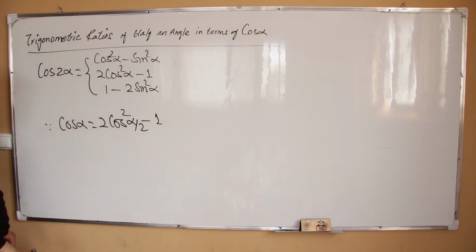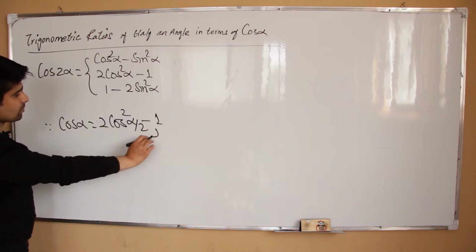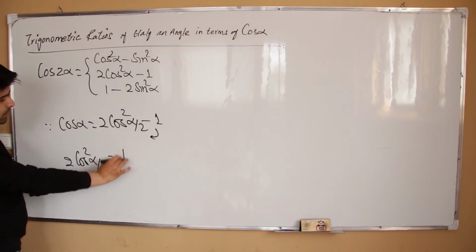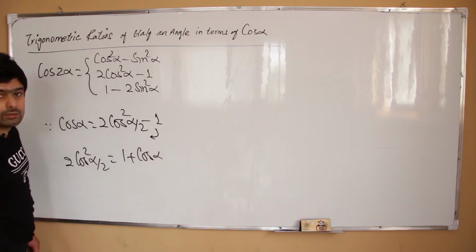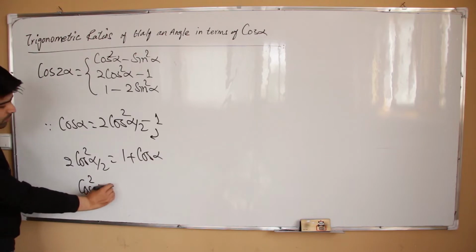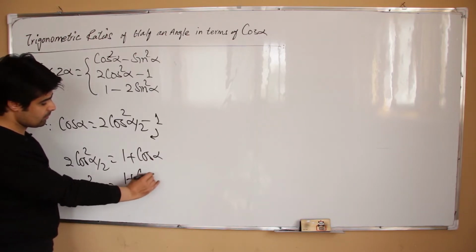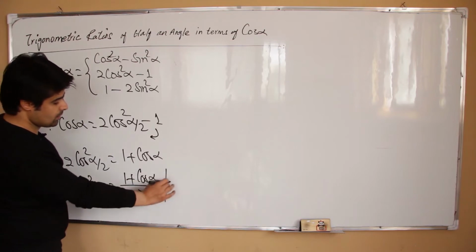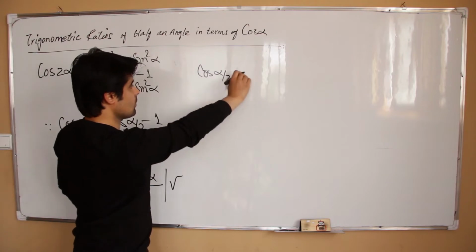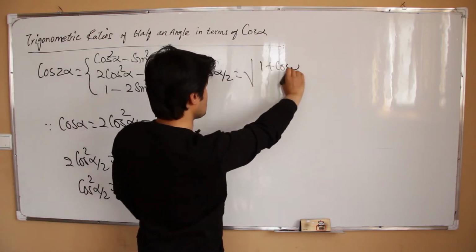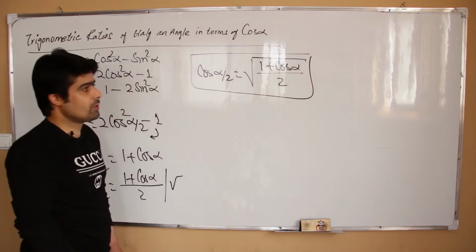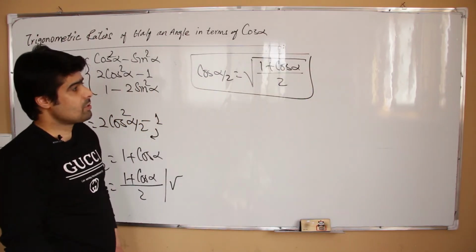Now put this minus 1 to the left side, so you will have 2 cosine square alpha by 2 is 1 plus cosine alpha. Am I right? Yes. Now divide both sides by 2. You will have cosine square of alpha by 2 is equal to 1 plus cosine of alpha divided by 2. Take root on both sides. You will have cosine of alpha by 2 is equal to root of 1 plus cosine of alpha by 2. This is the formula for cosine of half in terms of cosine alpha.